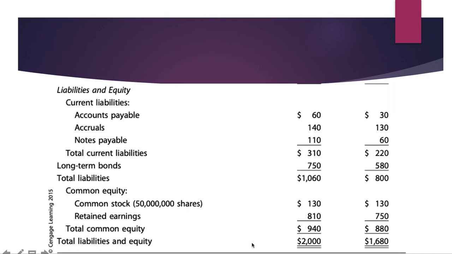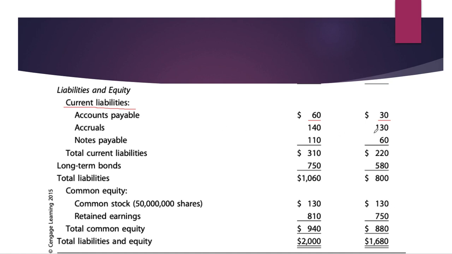On the liability side, that's the right-hand side of the balance sheet, again, we can see what's happening with the claims on our assets. Again, current liabilities, these are immediate, the short-term claims we need to pay soon. So accounts payable, like suppose this is 60, it doubled from 30.